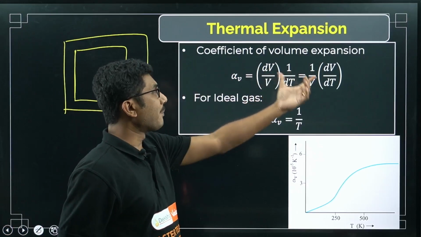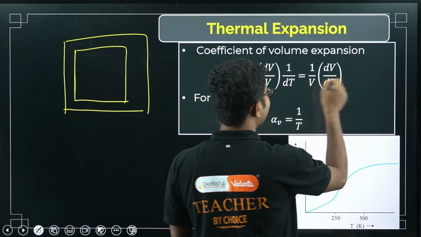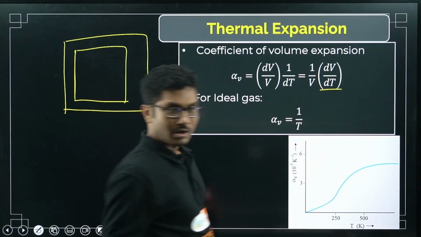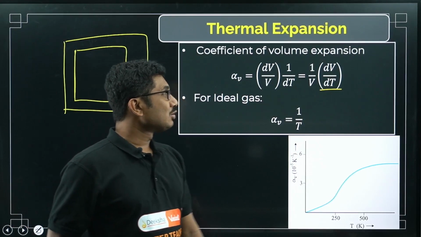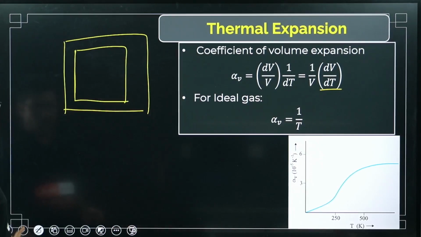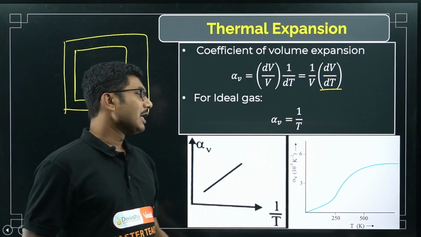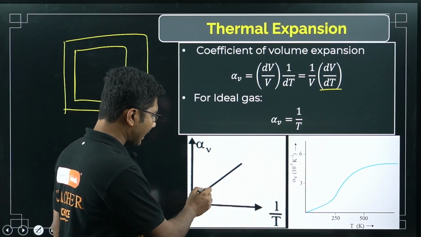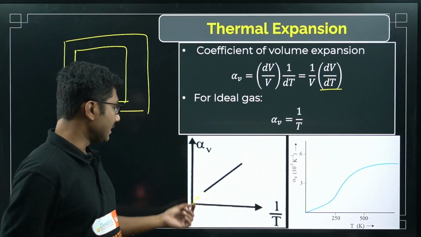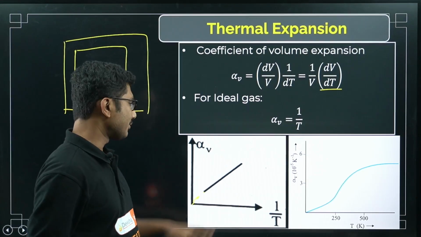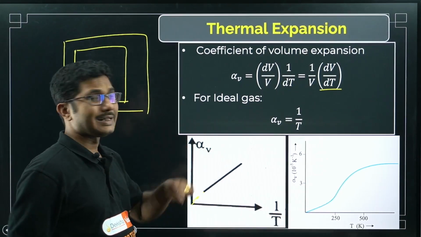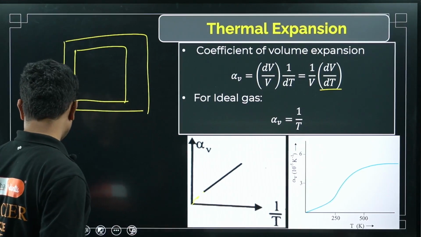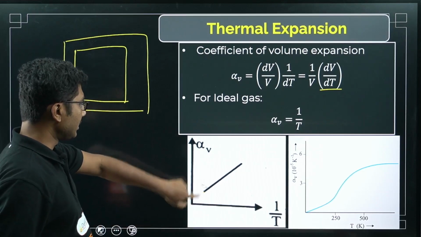If you apply the law PV equals nRT in this equation, you get that alpha V is basically 1 by T. So if you plot the graph of alpha V versus 1 by T, you will get a straight line graph. Even though if you backtrace it, it should end at 0, but 0 means infinite temperature, since 1 by T equal to 0 means infinite temperature. So that's why they have not drawn it till that value, otherwise it is linked to this point.